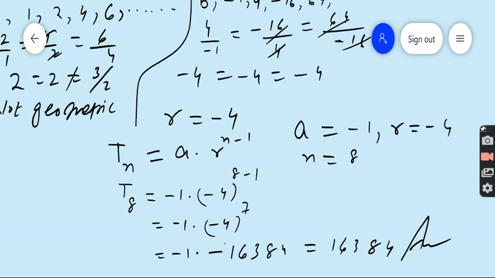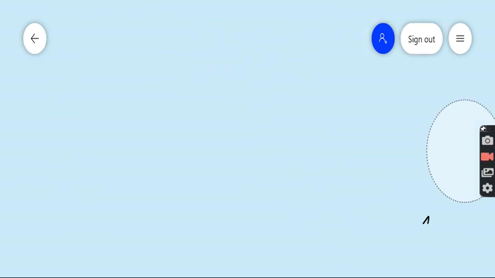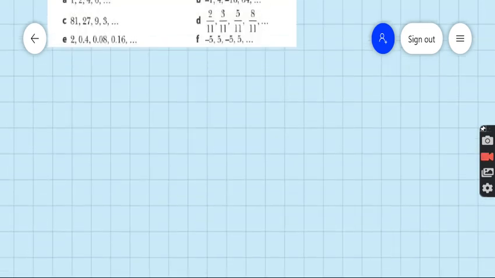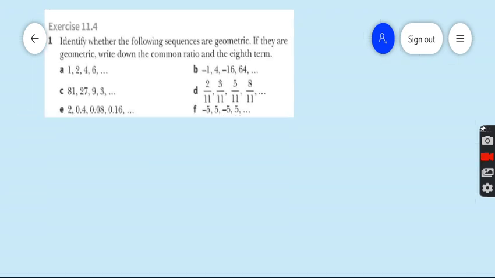Hope you understand. Now move to part C. Part C is 81, 27, 9, 3, and so on.